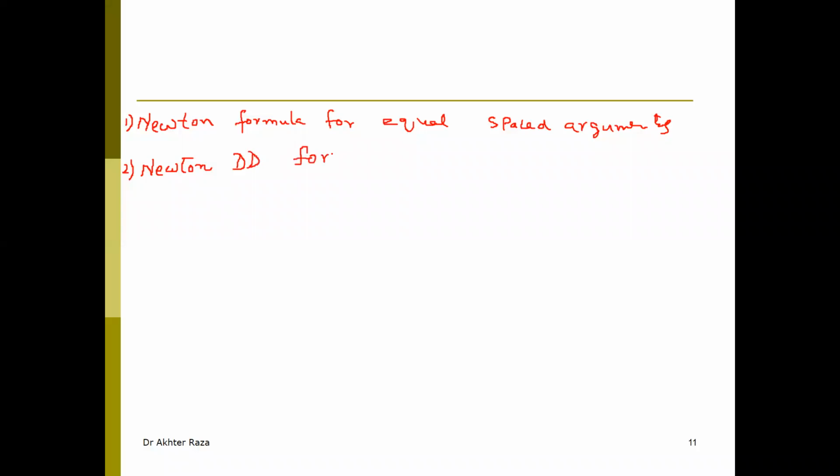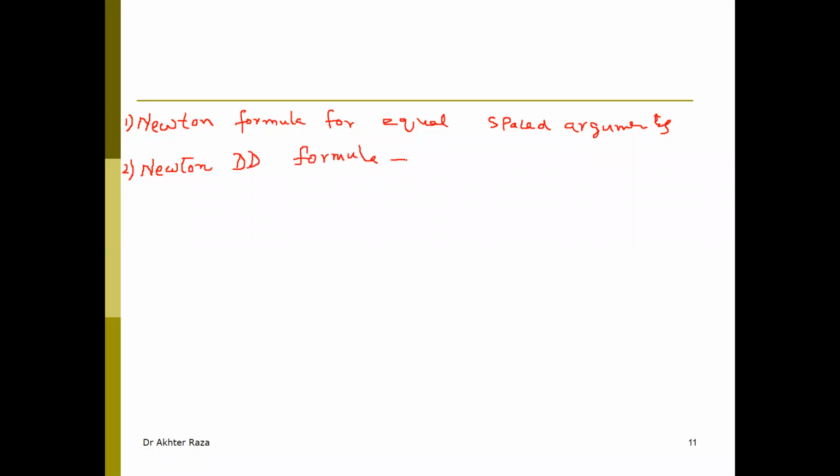Newton divided difference formula is used to estimate a missing entry corresponding to a given argument whenever the arguments are unequally spaced.